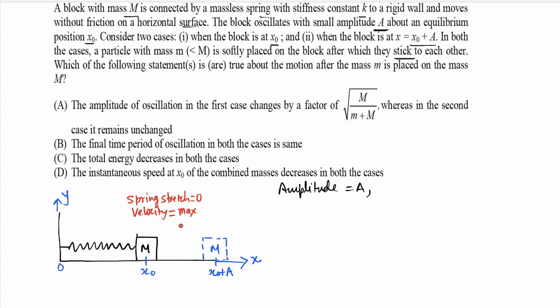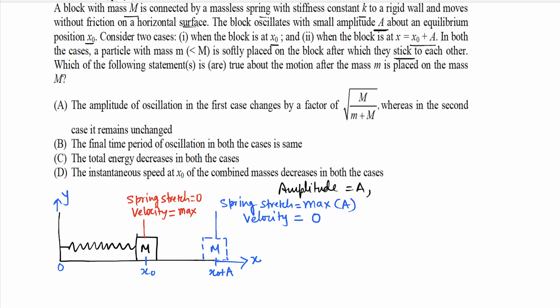So this much is known, and at this point the spring stretch is max, right? How much? A, because that's the amplitude. And what is the velocity? It is 0, right? Because it will have to turn back and go towards the equilibrium position. Okay, so these two things are pretty clear.